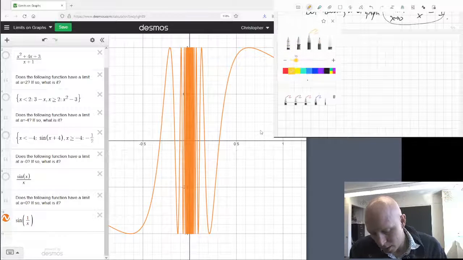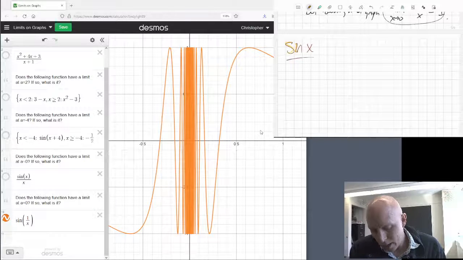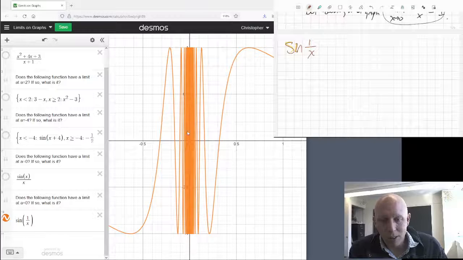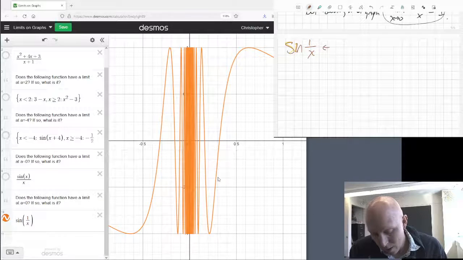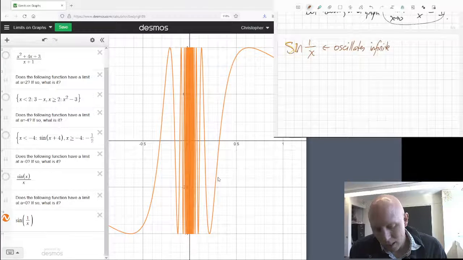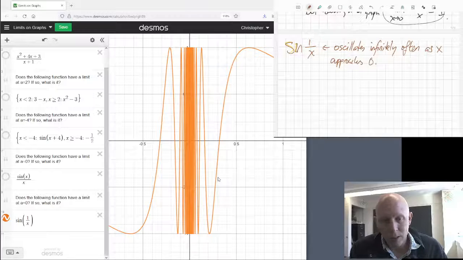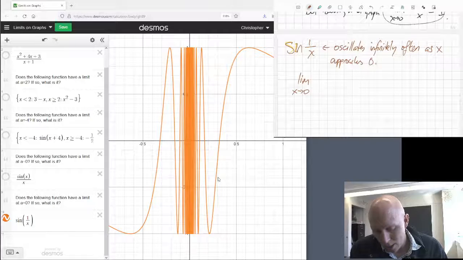Sine of x over x, oops, sorry, sine of 1 over x, this function oscillates infinitely often as x approaches 0. And so again, in this case, we'll say that the limit as x goes to 0 of sine of 1 over x does not exist.